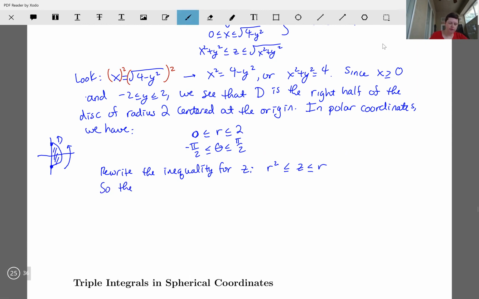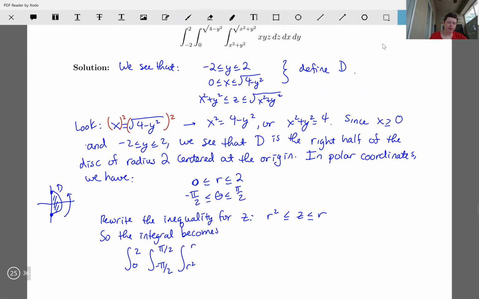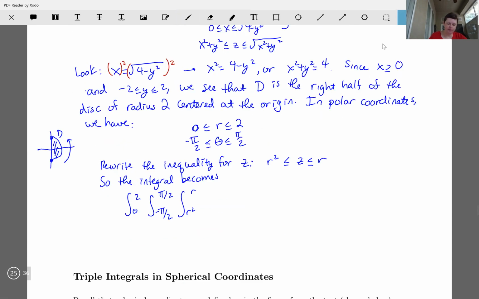So the integral then is going to become the integral from 0 to 2, the integral from minus pi over 2 to pi over 2, the integral from r squared to r of, and we were integrating x, y, z, so we have r cosine theta for x, r sine theta for y, and z for, well, z. And don't forget that we have r from the dv part.